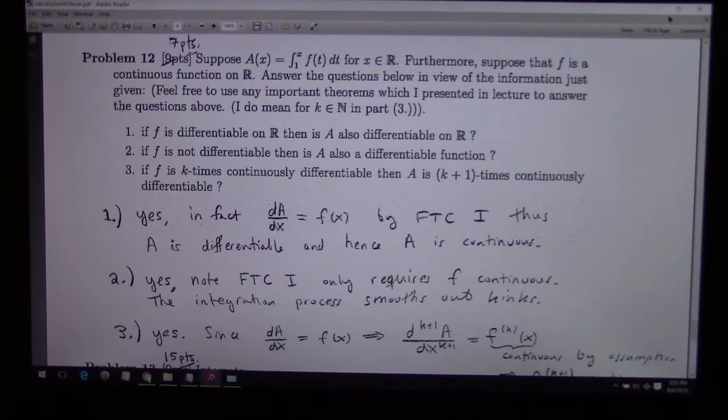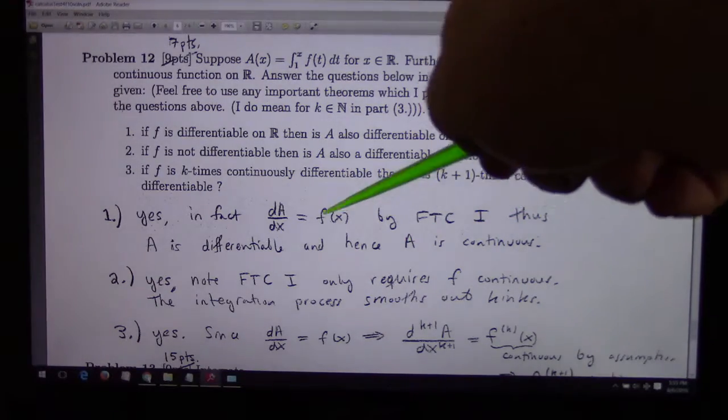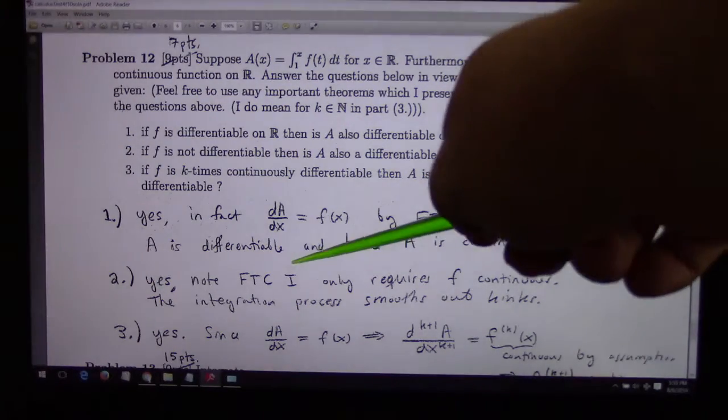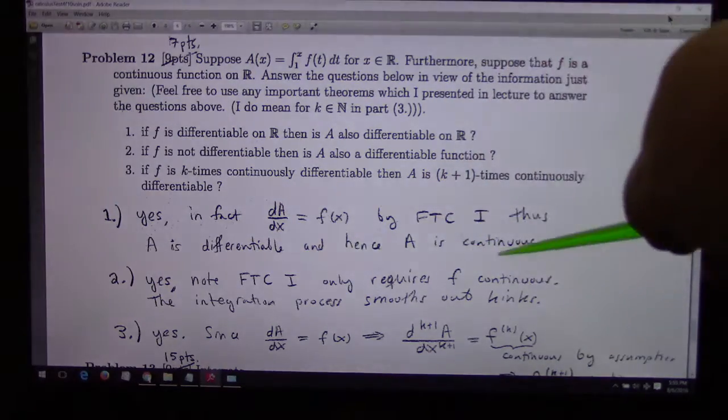A side consequence of that, of course, is that A is also continuous. If it's differentiable, it's also continuous, right? But the answer stops here, and this is just extra.